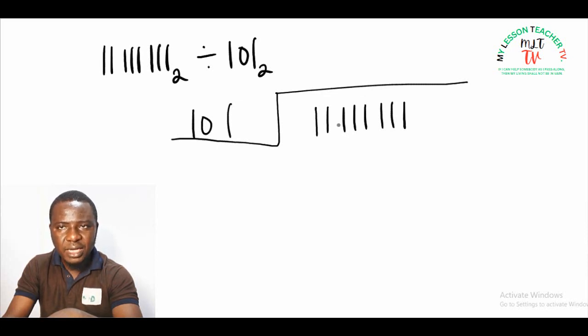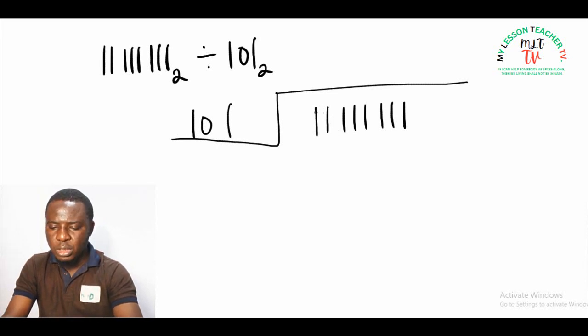So I can then divide by saying 111 divided by 101. 111 is 1 times 2 is 2, plus 1 is 3, times 2 is 6, plus 1 is 7. So 111 in base 2 is 7.